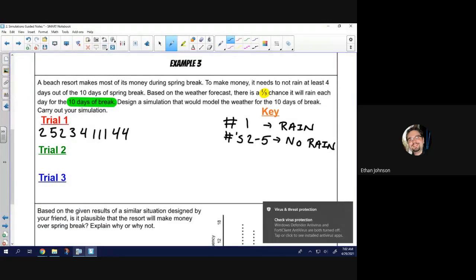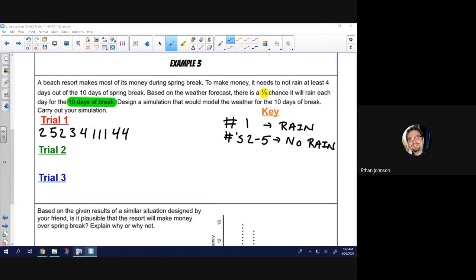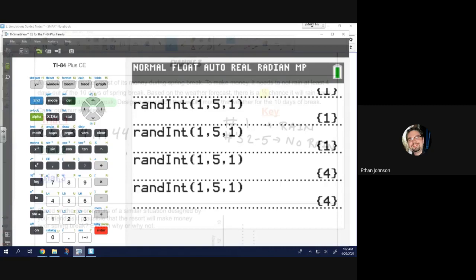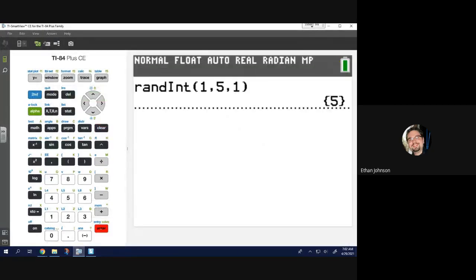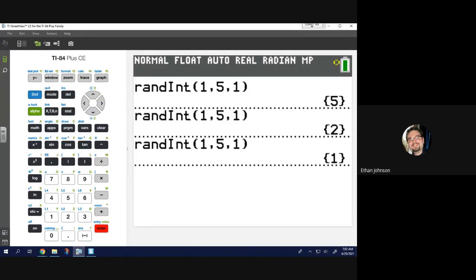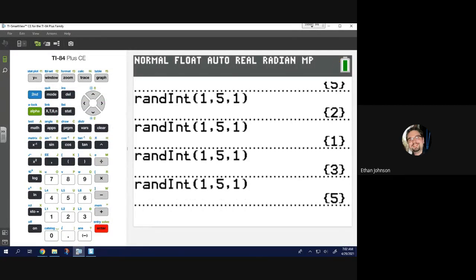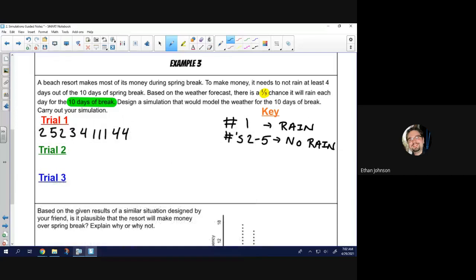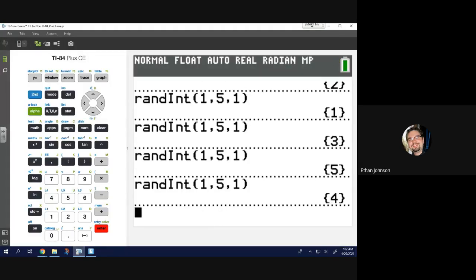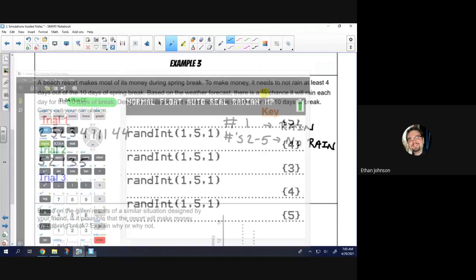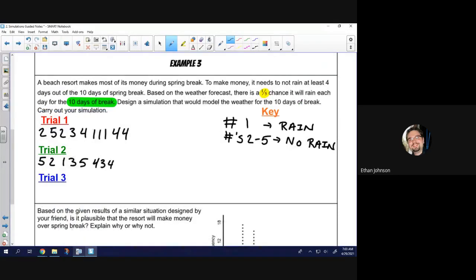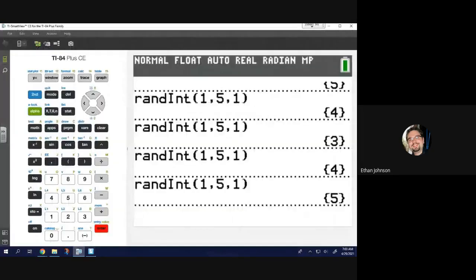And let's just get the numbers for all of the trials first. And then we'll talk about what they mean. So now I need 10 more numbers. So 5, 2, 1, 3, 5. 4, 3, 4, 5. And one more, 4.